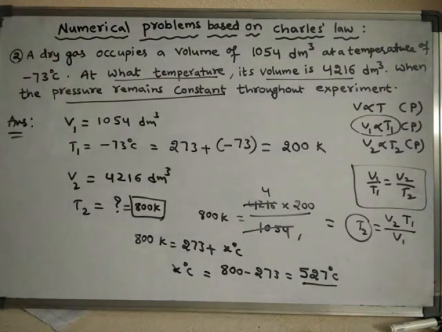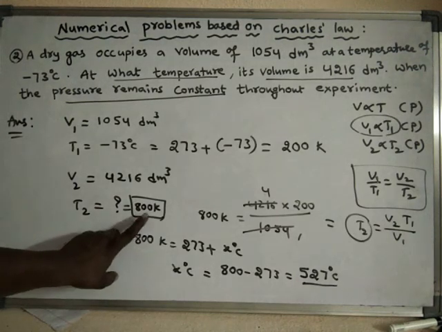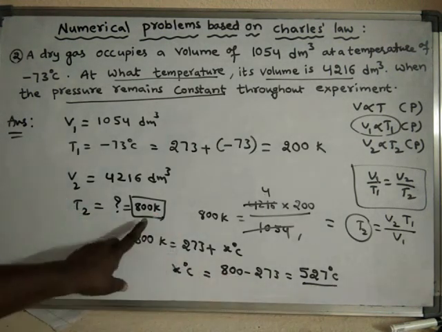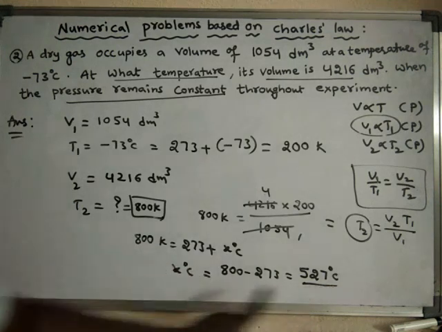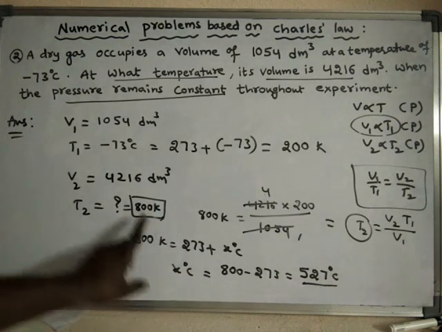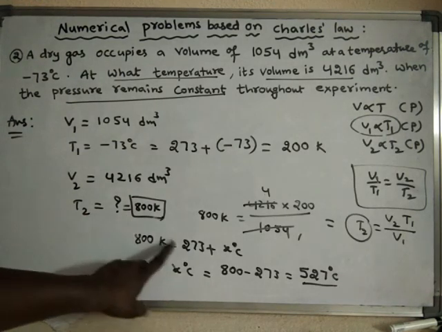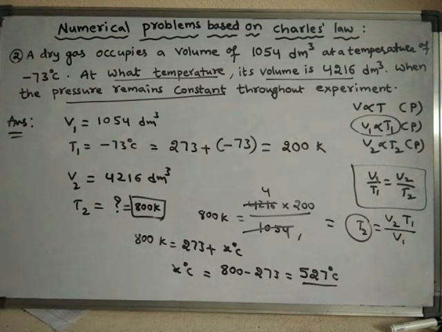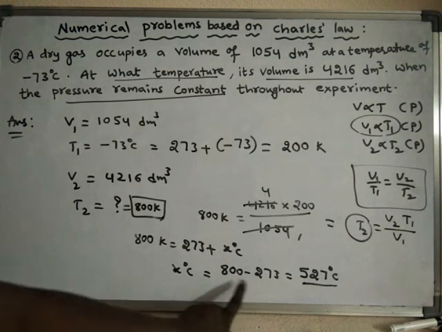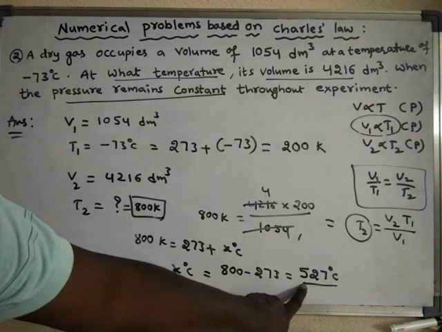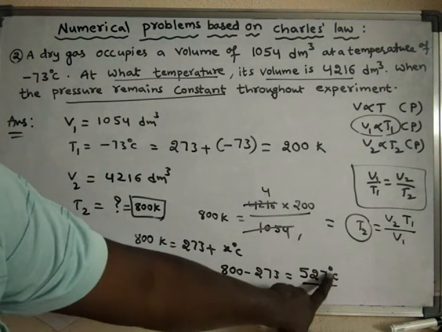If you want to express the temperature in Kelvin, then it is 800 Kelvin, or sometimes the answer will be given in degree centigrade. If the answer is given in degree centigrade, simply subtract 273 from the Kelvin temperature, and we will get the temperature in degree centigrade.